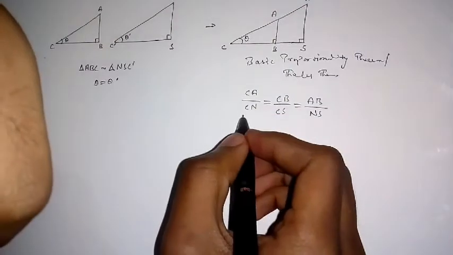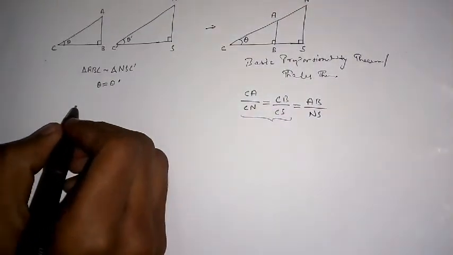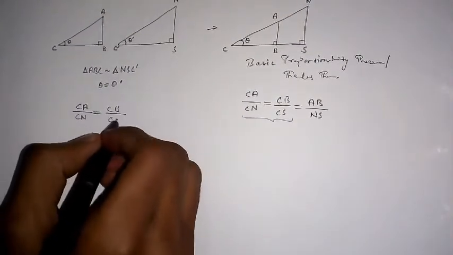Now let's take this part right over here. So let's write it here. CA over CN equals CB over CS.